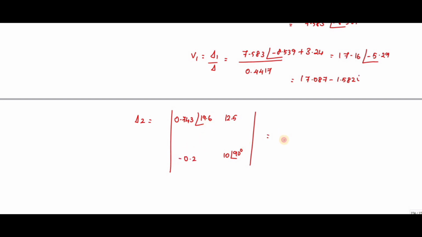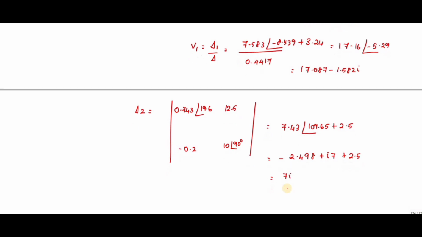So in solving, you will get 7.43 and 9.65 plus 2.5. So if you convert this one, you will get minus 2.498 plus I7 plus 2.5.